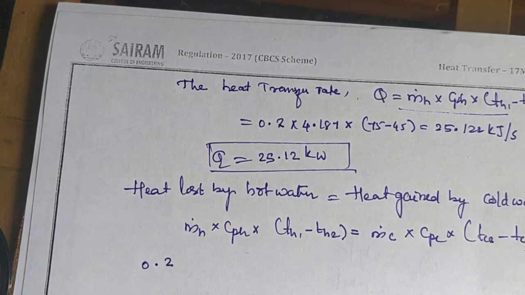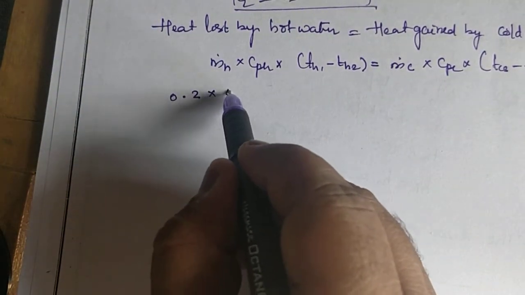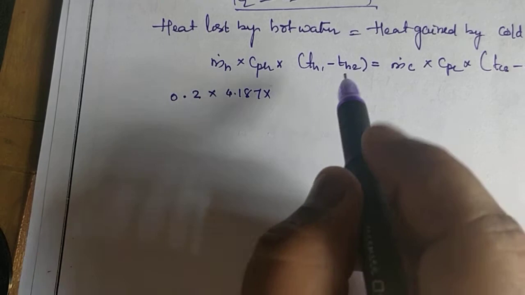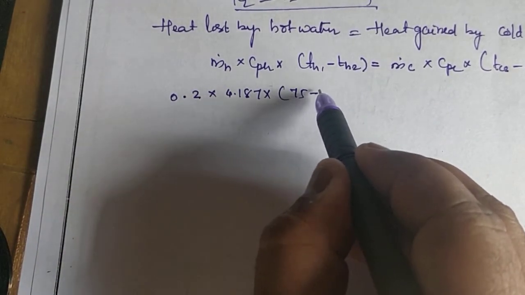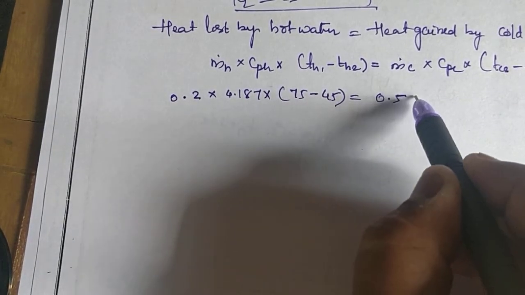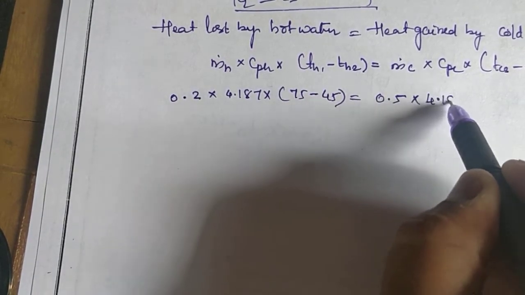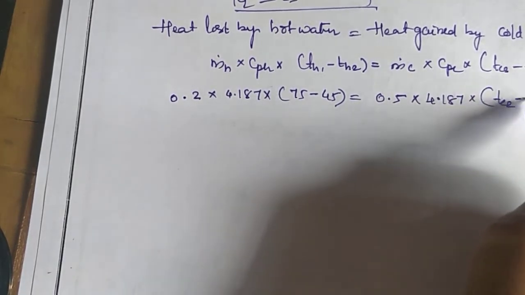Substituting the values, 0.2 into 4.187, that is the specific heat of the fluid, and 75 minus 45 is equal to 0.5 into 4.187 into TC2 minus 20.